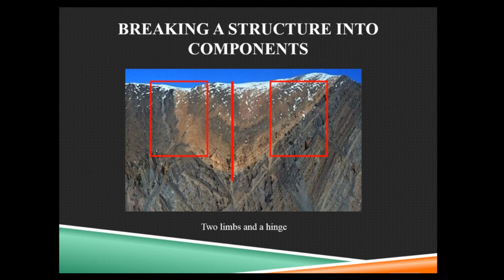So the limbs are in the two squares, or rectangles rather, on the sides, and the hinge line is that line in the center. That's where approximately everything is folded around that. The hinge probably should be a little tilted to the right though.